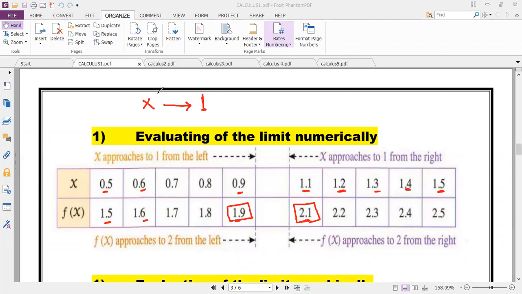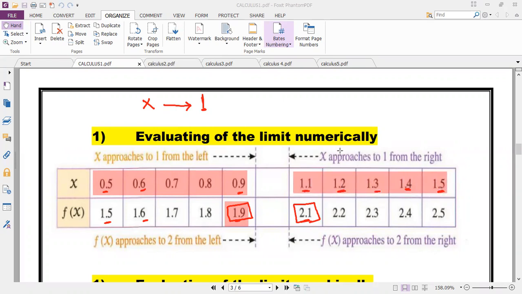A value less than 1, like these values, they are the values from the left. As x approaches 1 from the left, the value of the function approaches 2 from the left.